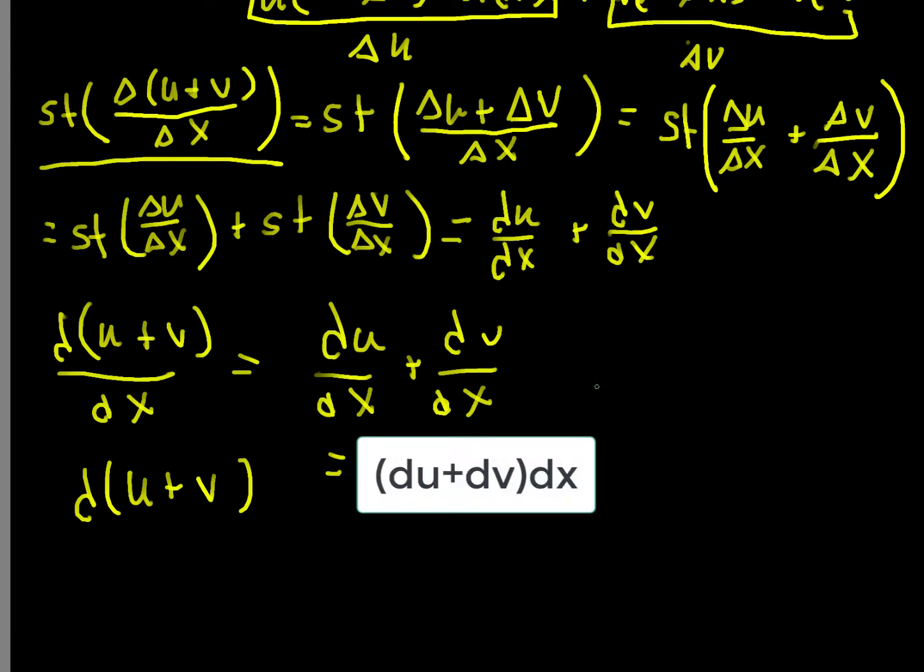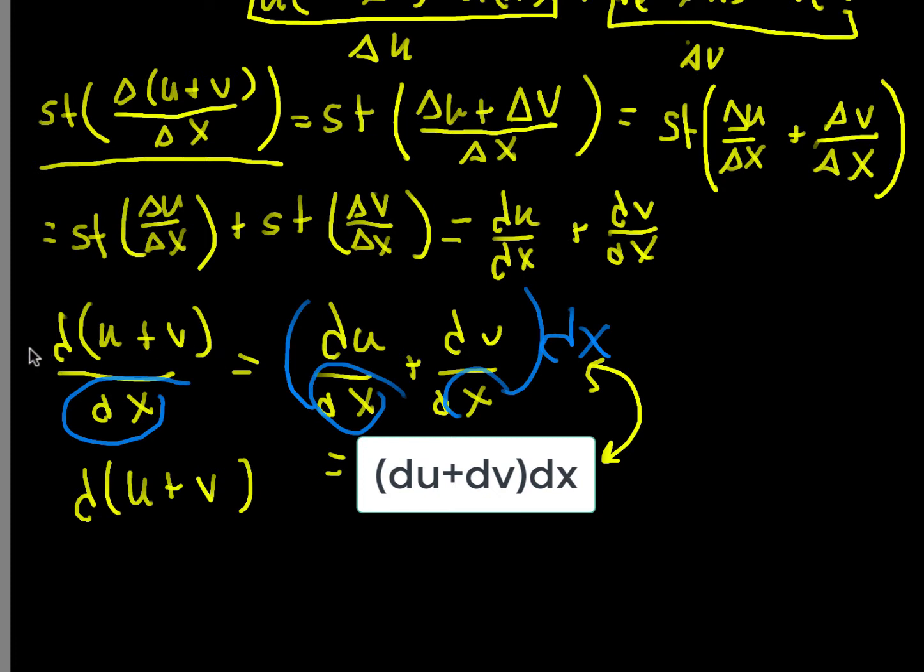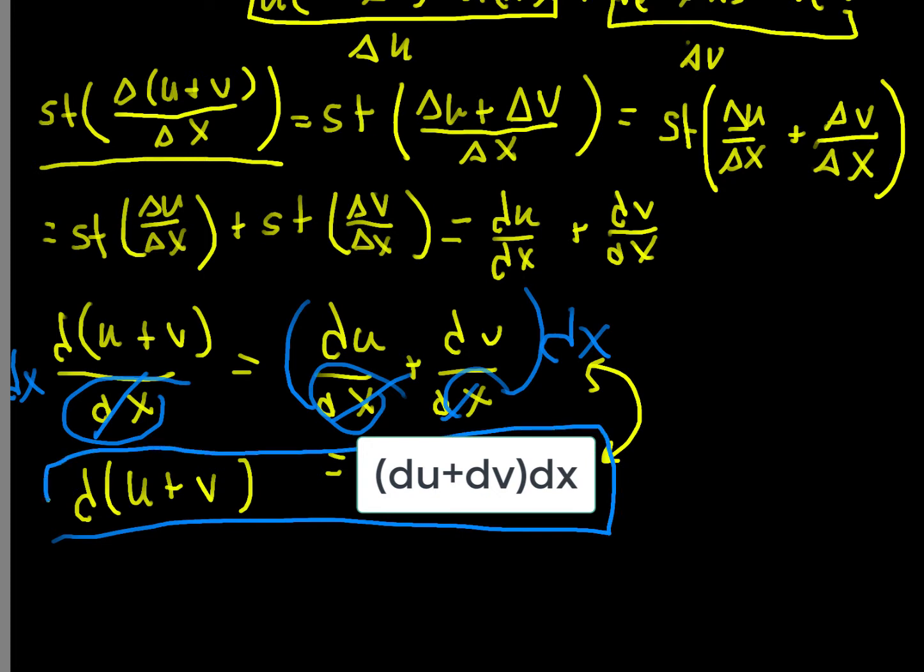And notice going from here to here is just a matter of multiplying through by the denominator dx. Right? I've got a dx in all of these terms. So if I multiplied the right-hand side by dx, I'd get canceling, and I multiply this side by dx, I also get canceling. Cancel, cancel, cancel, which gives me this nice differential form. So hopefully you see that they're closely related.